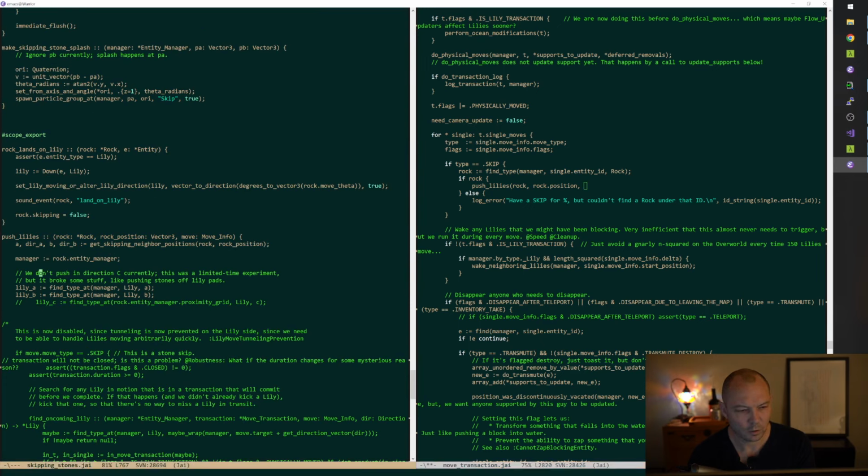Because that tells me the direction. Except we don't seem to use that at all. We use rock dot move direction. Anyway, we'll leave that because we might want to use it at some point, but it is not currently used. We're going to no check in because maybe we're going to delete that whole thing.